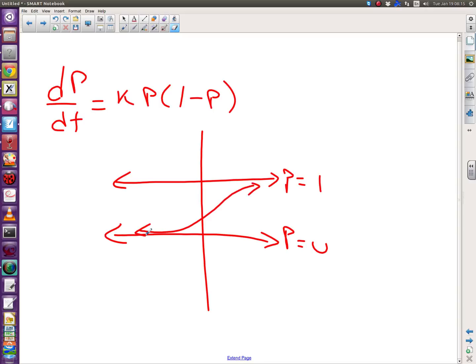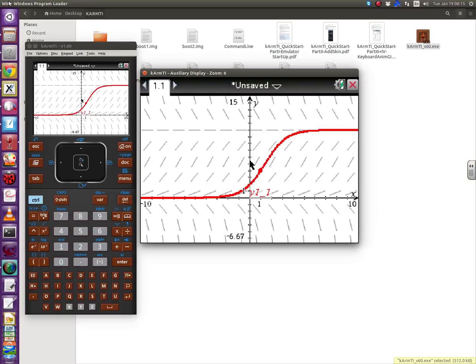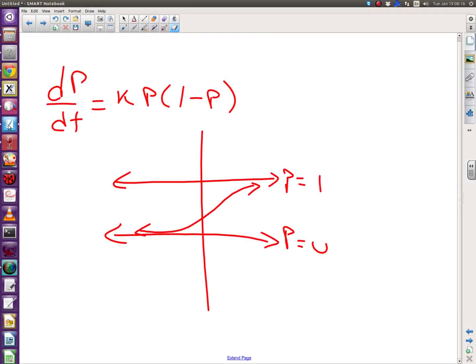If you take a look at the slope field that we had, when you're less than 0, it's going to negative infinity here. When it's more than the carrying capacity, in this case it was 10, it's decaying. It's like an exponential approach. So you're getting solutions that look like this, or like this, when you're outside the range 0 to 1. That's a logistic growth model.